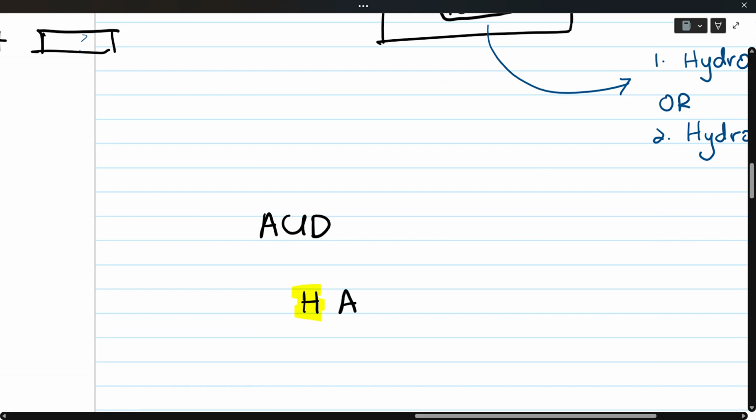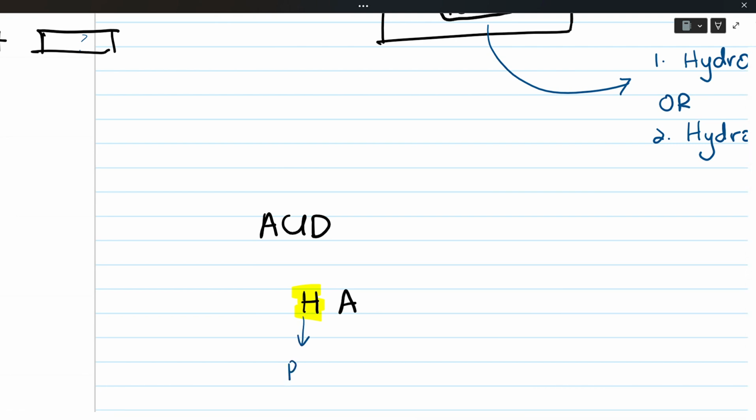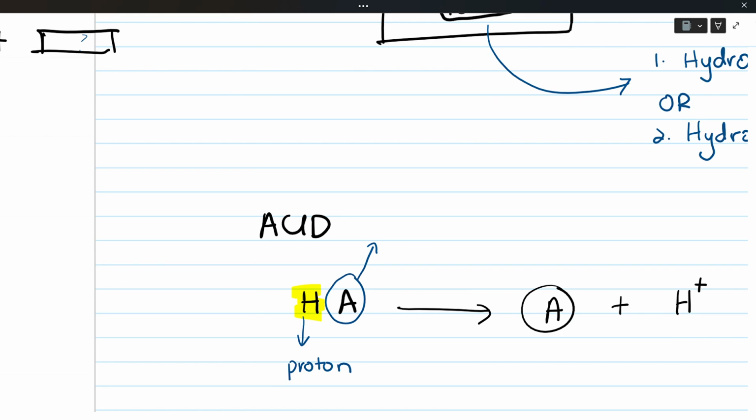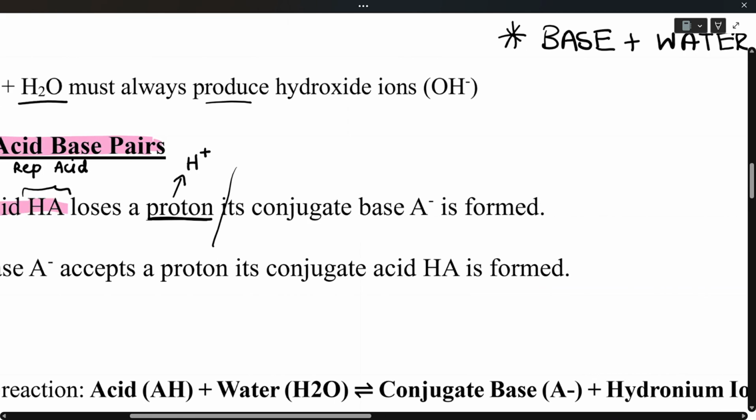H is your hydrogen ion, or you can call it now your proton. A is your acid. So if this acid is going to lose the proton, it means it's just going to become A, whatever that was here, plus it's going to end up with H plus there, right? That's what it means to lose that proton.